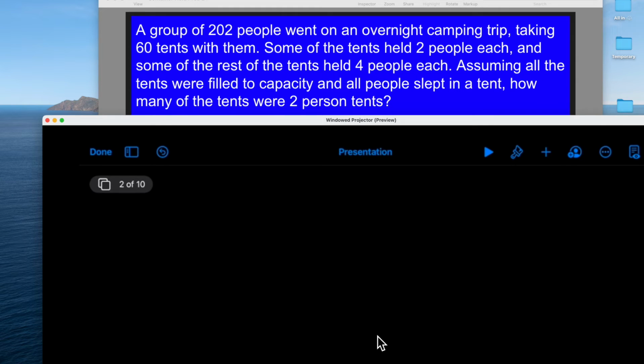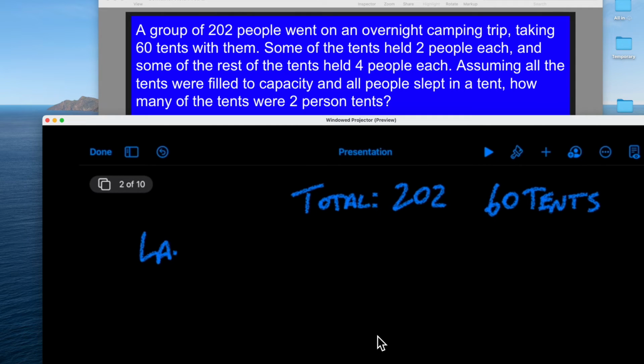We have a group of 202 people. So we know that the total number of people is 202. We have 60 tents. We have 2 types of tents: large, that hold 4 people, and small, that hold 2 people.